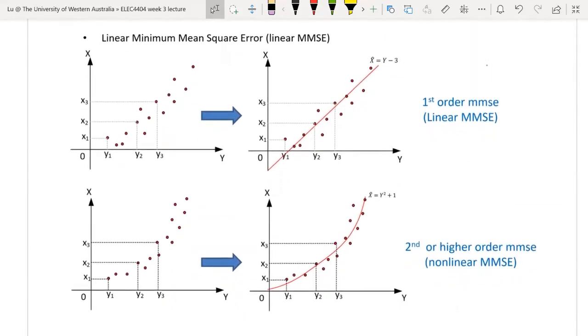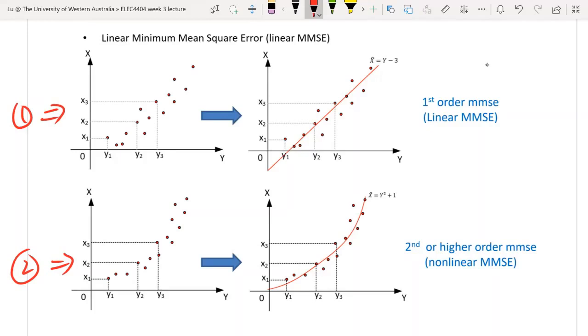We have two examples. Okay, this is example 1. This is example 2. So in these two cases, we have a number of scatter points. We mentioned that by using the minimum mean square error estimator, we are able to construct our estimator to be a function in terms of the y variable.